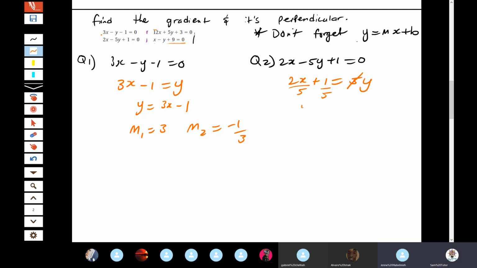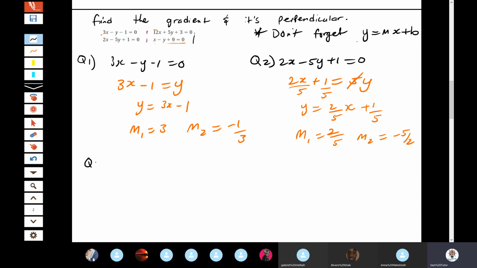Good job. So essentially you have 2 on 5. Can you see how the number in front of the x is no longer 2? Now it's 2 over 5, and then x. So just be aware of that. What's the gradient of your original now? 2 over 5. And then your perpendicular? Negative 5 over 2. Oh, we're too good at this.